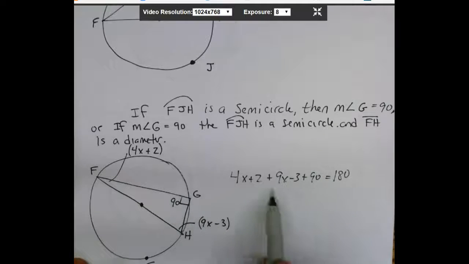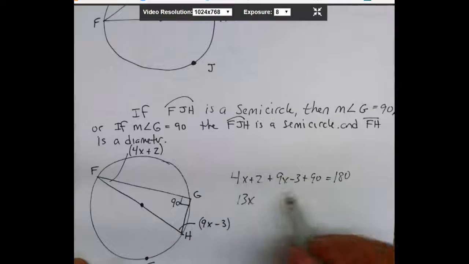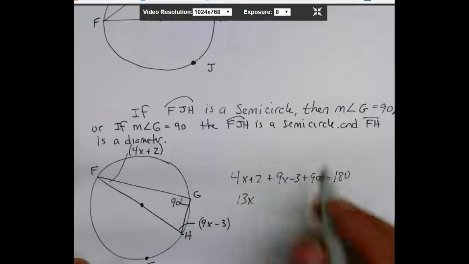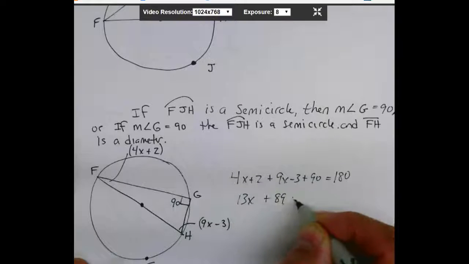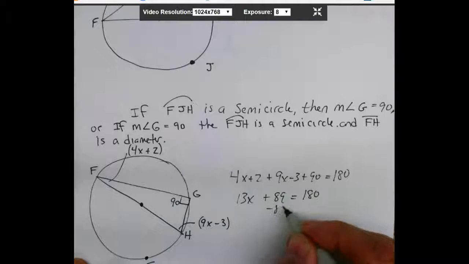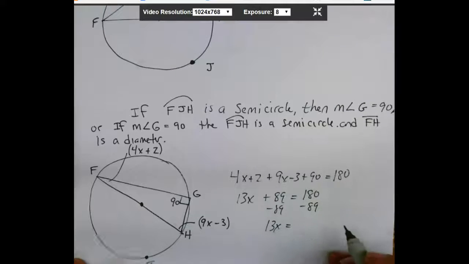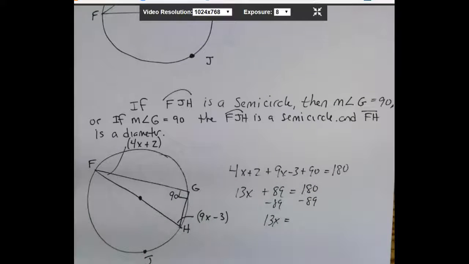So then we can collect like terms. Looks like we have 13x plus 89 equals 180. Then we're going to minus our 89 here. It's going to give us 13x. Then if I get my calculator, hold on.